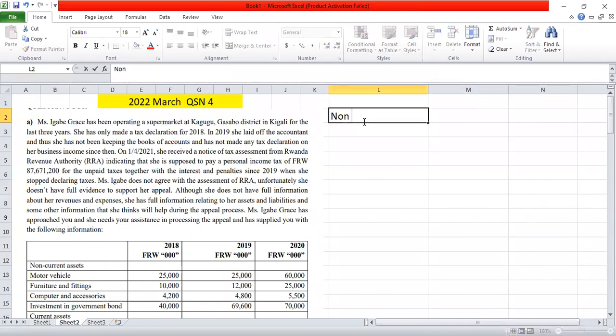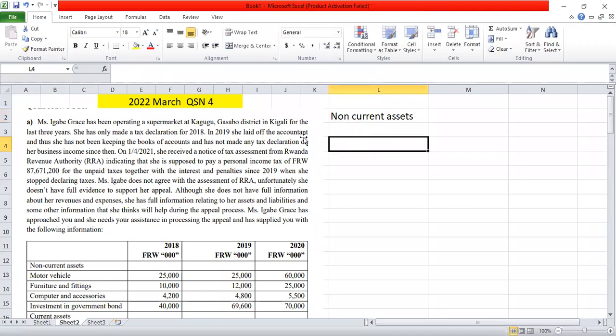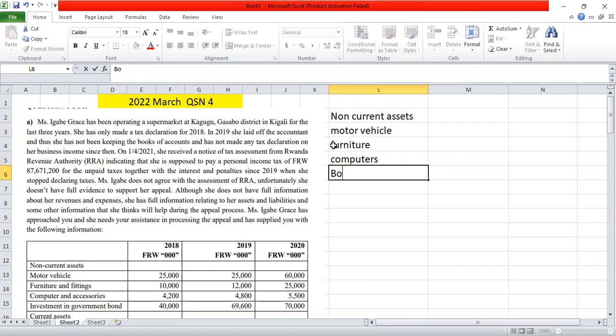Our non-current assets: I have motor vehicle, I have furniture, I have computers, I have a bond.